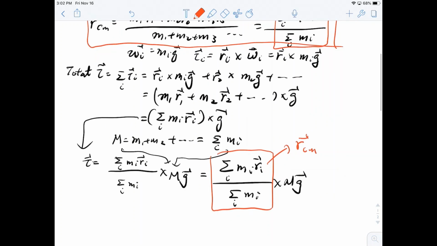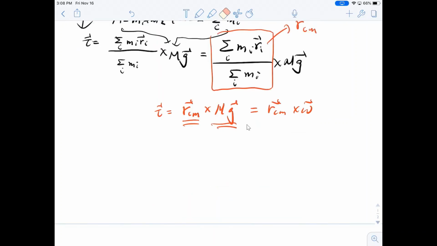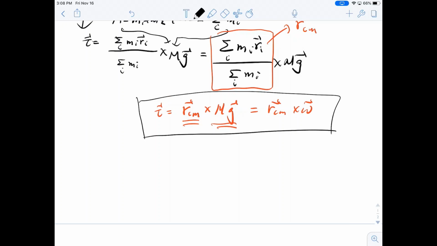So now we know the total torque applied to an object that has a series of masses in it would just be like the weight is concentrated at the center of mass position. With this equation that we just showed, that's the proof.